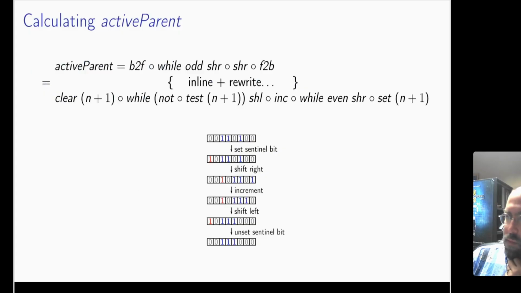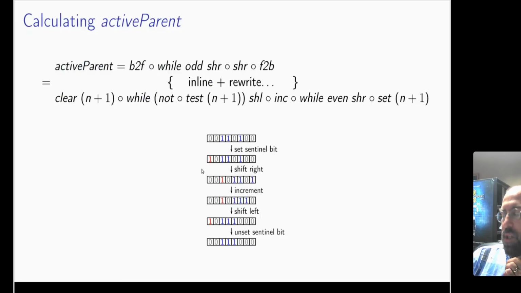And we could do a whole bunch of inlining and rewriting using various lemmas, and we end up with something that looks like this. It basically says, you first set this pretty large bit, then you right shift, you shift out zeros, and as soon as you have a 1 in the final place, you increment, and then you shift left again until that 1 that you set is back in the same place, and then you unset it.